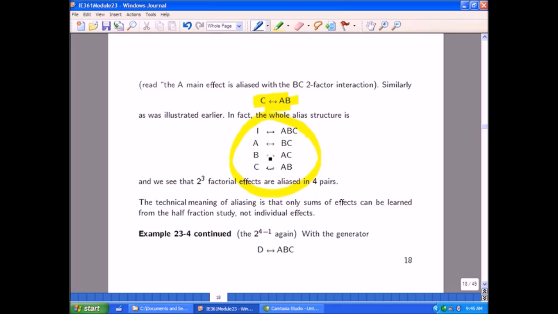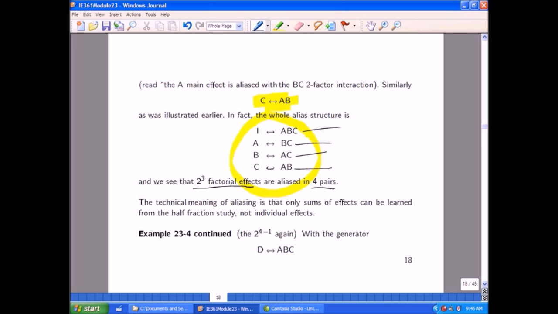That is, I can't tell in the first place the grand mean from the three-factor interaction. I can't tell the A main effect from the BC two-factor interaction. I can't tell the B main effect from the AC interaction, and I cannot tell the C main effect from the AB two-factor interaction. That is, these factorial effects are aliased in four pairs.